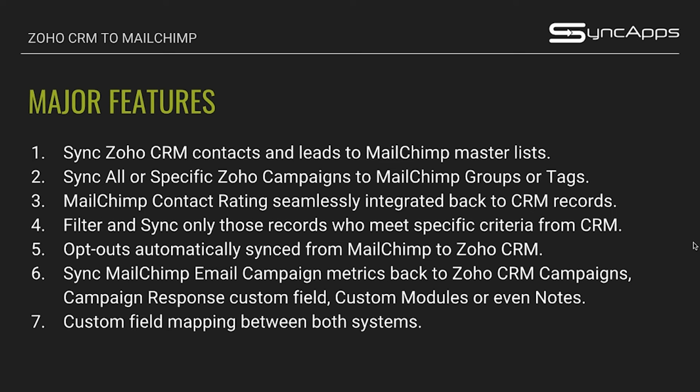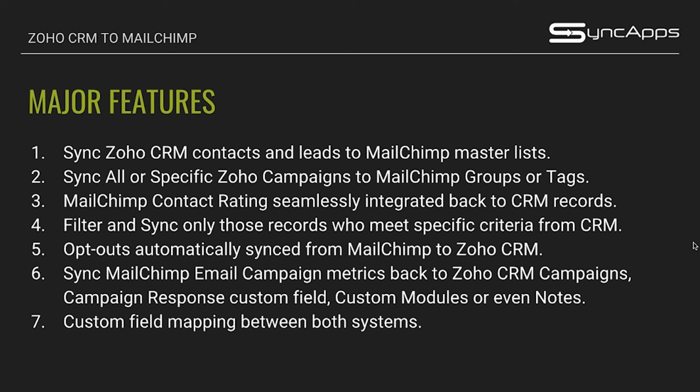Tags are the new feature from Mailchimp, which before they called static segments. And also you can filter and sync only specific records that you want from your CRM to your marketing automation, which is Mailchimp. And of course, we also have custom field mapping between both systems.